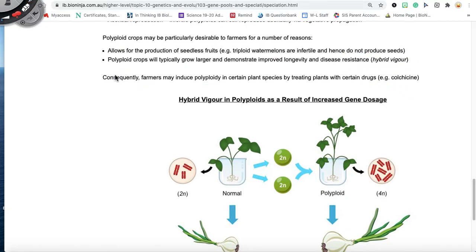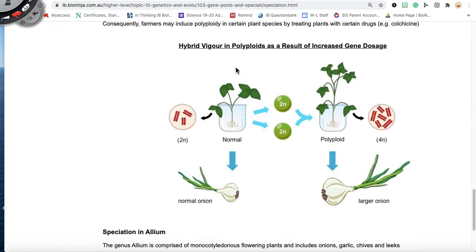In this type of hybrid vigor example, here we see a normal onion, diploid, and this is the normal onion plant, and this is what the normal onion looks like.